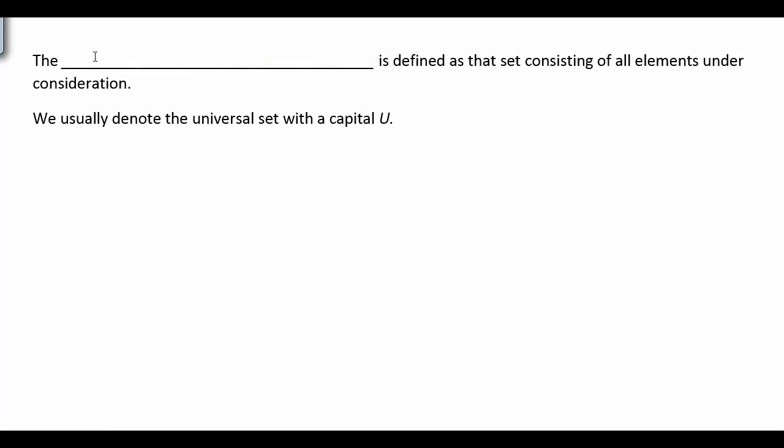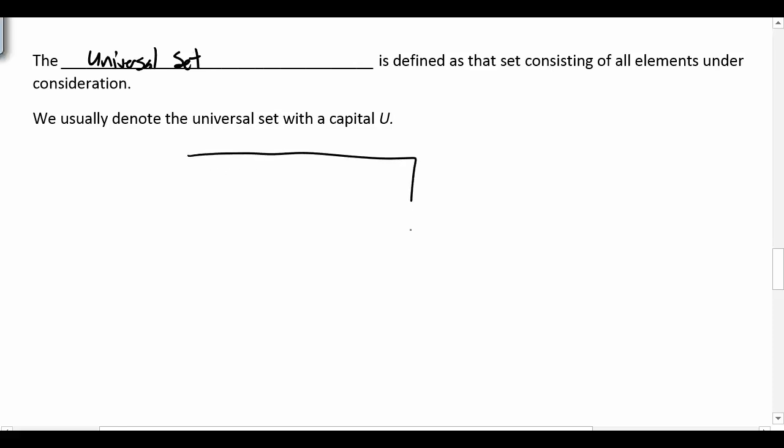Okay, the universal set, let me write that out, and then we'll read out this definition. All right, the universal set is defined as the set consisting of all elements under consideration. So given some sort of criteria, we would define a universal set to be graphically this representation of everything that we are interested in.